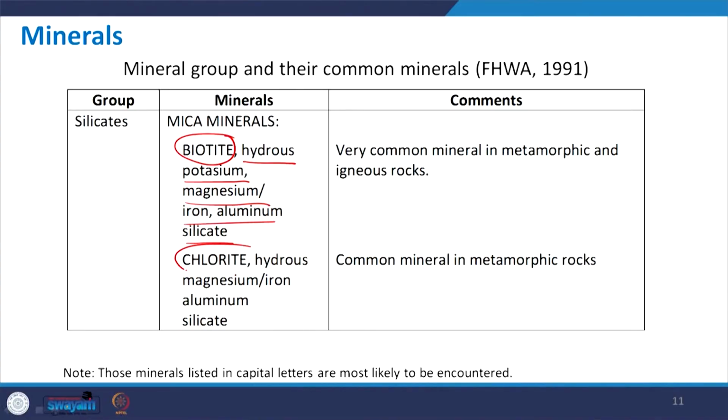Then the next category includes chlorite, hydrous magnesium, iron, aluminum silicate. This is common in metamorphic rock. So you see all these minerals are typical characteristics of different types of rocks.